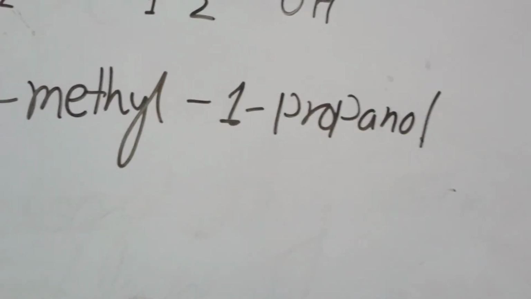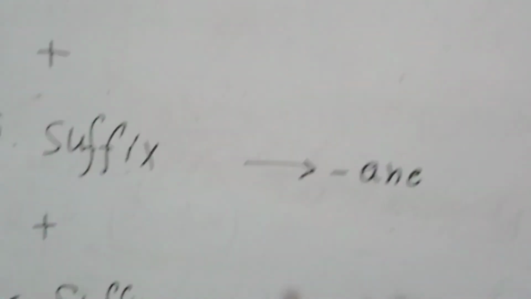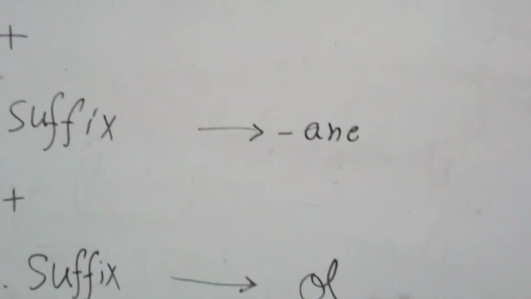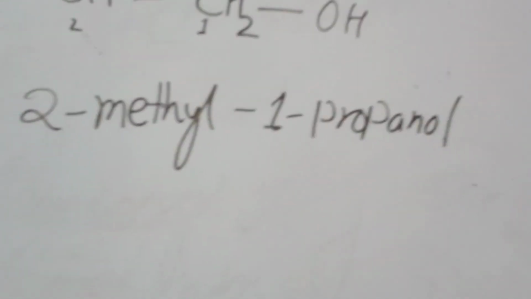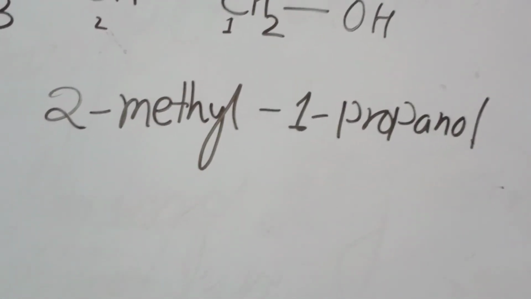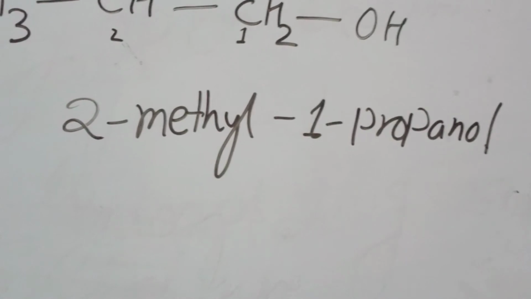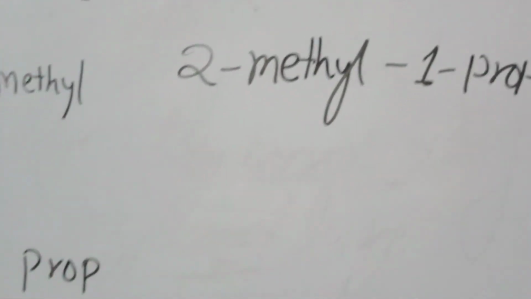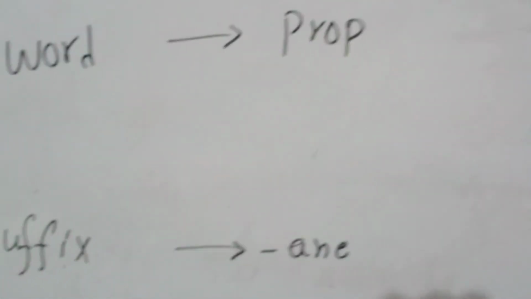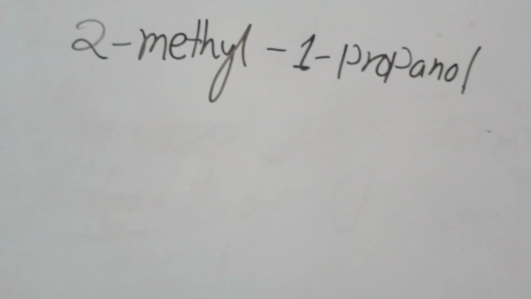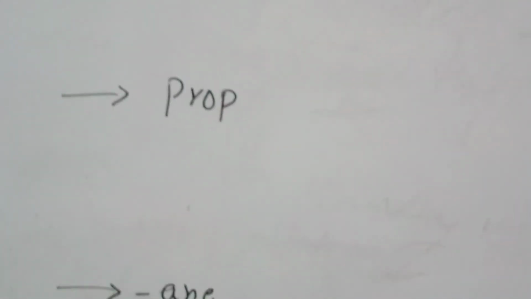This is because whenever a secondary suffix that is used here is an ol, you can see here it is an ol, and if the secondary suffix starts with a vowel, that is a, e, i, o, u, the e of the primary suffix can be substituted, or replaced, with the secondary suffix. So this is the reason why we are using here an, rather than using the ane in the primary suffix.